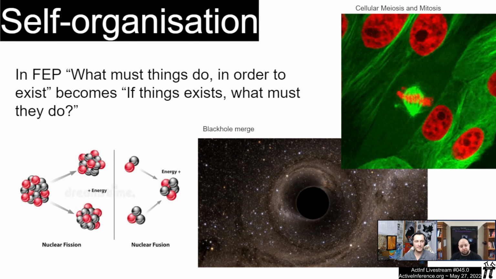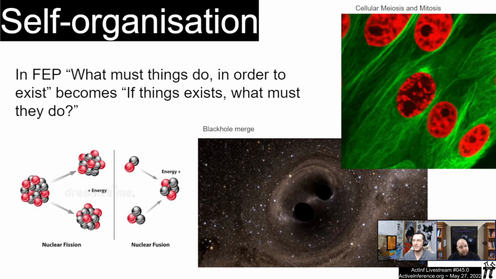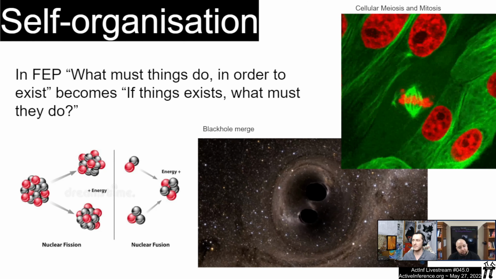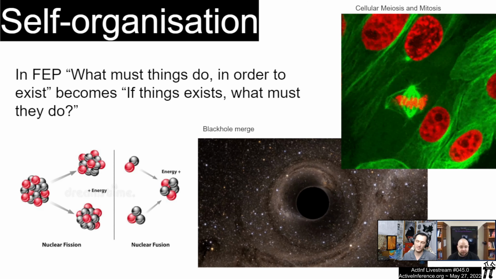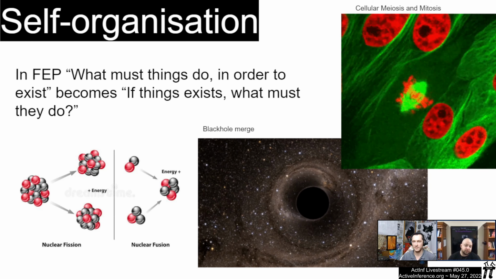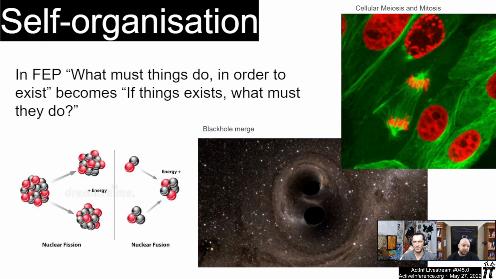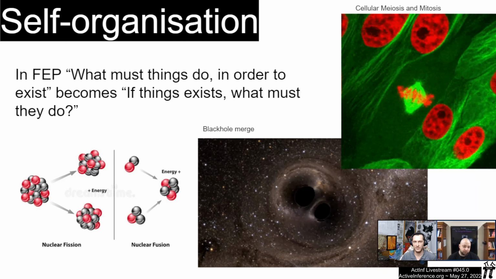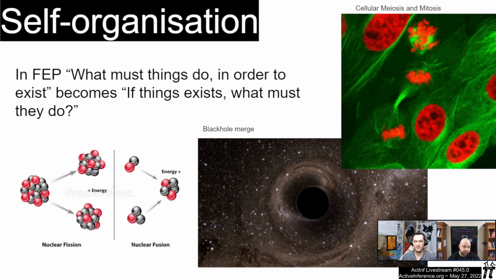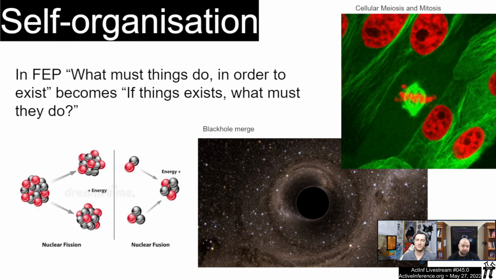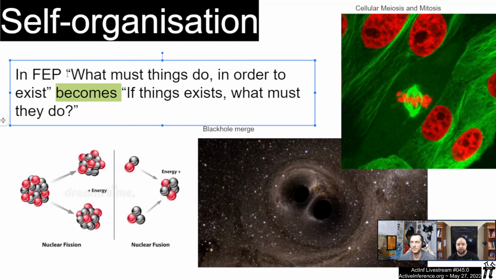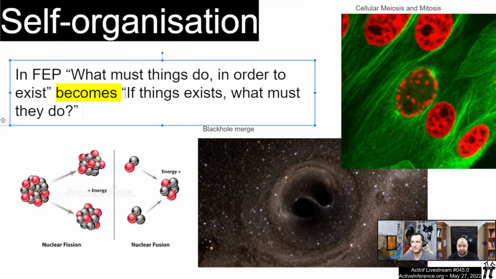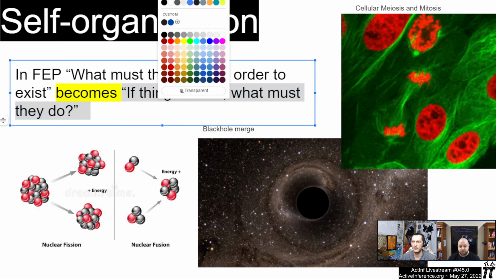In the paper referencing FEP, they said FEP was about kind of turning on its head this traditional what must things do in order to exist framing of systems and physics to if it exists, what must they do?